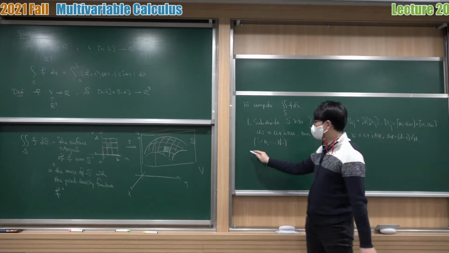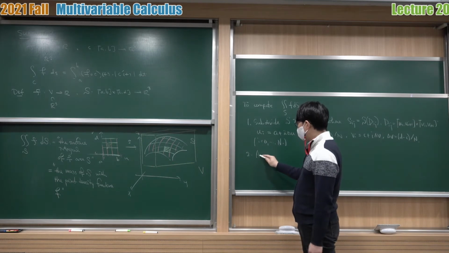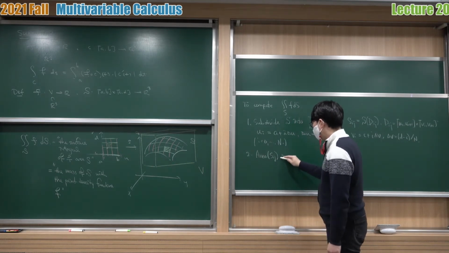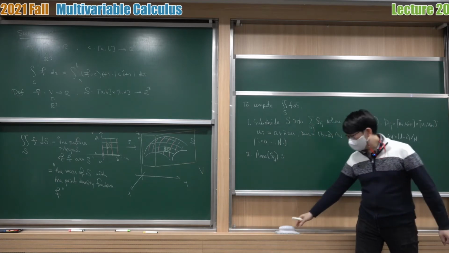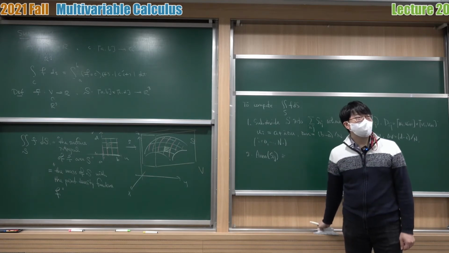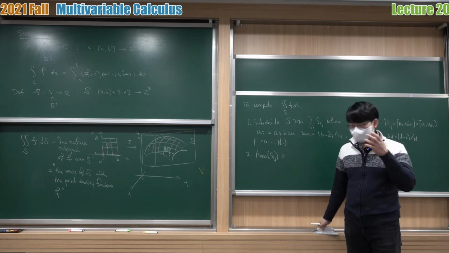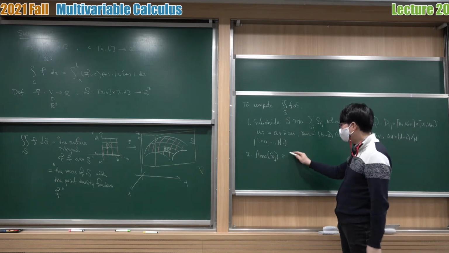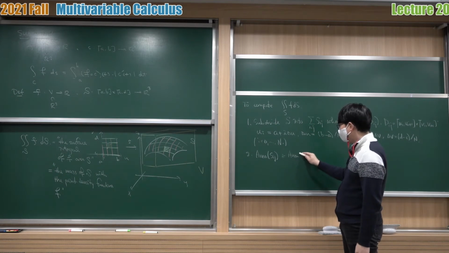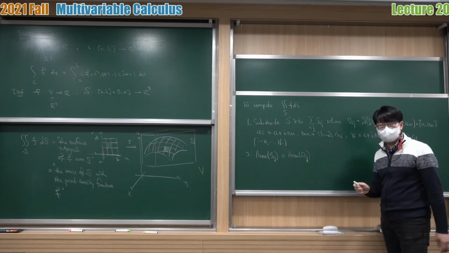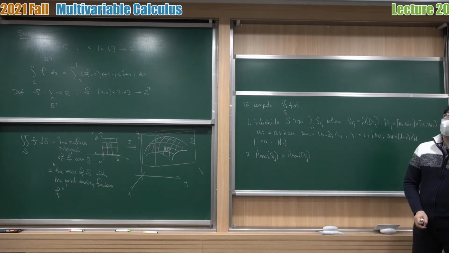And then let's try to find the area of Sij. And as we said, this area is approximately the area of Dij times the Jacobian, but what kind of Jacobian should we use?